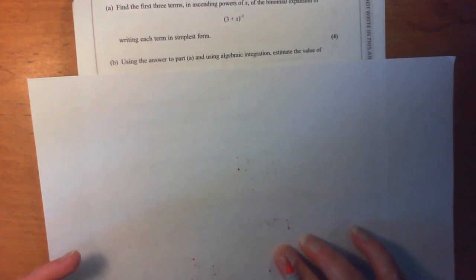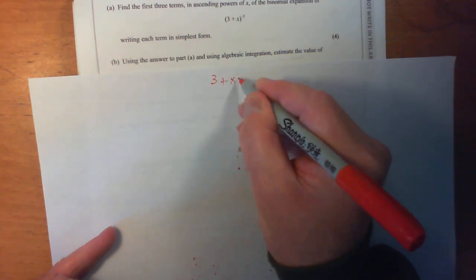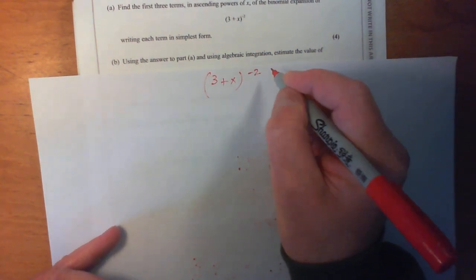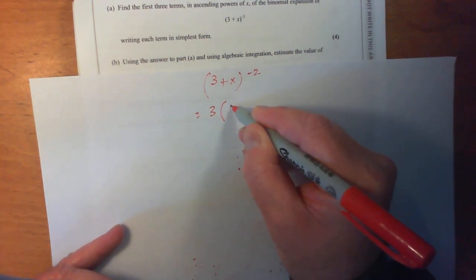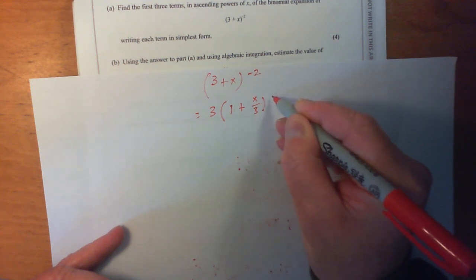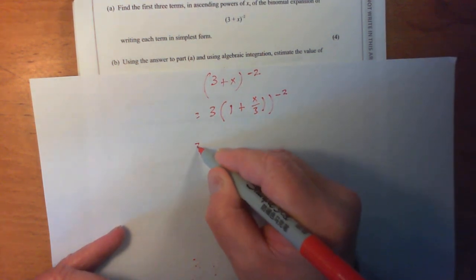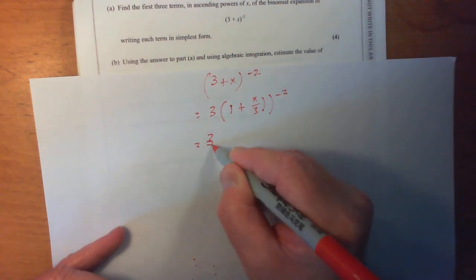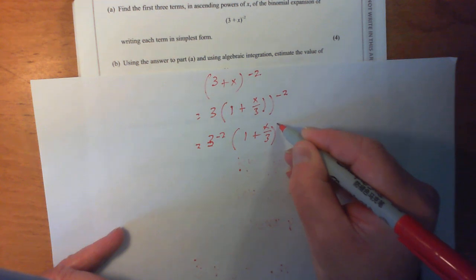So here you've got 3 plus x to the minus 2, so that's equal to 3 to the minus 2, 1 plus x over 3 to the minus 2.